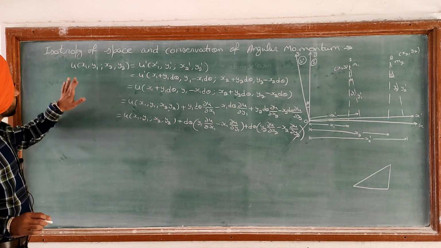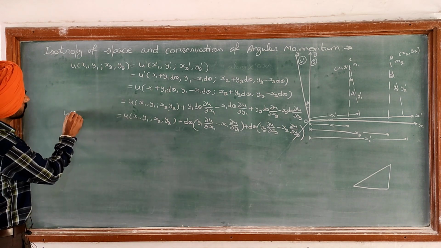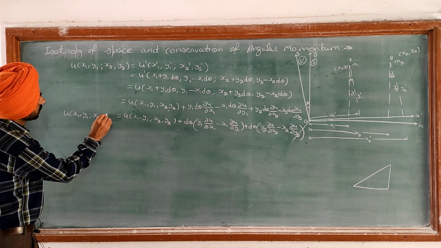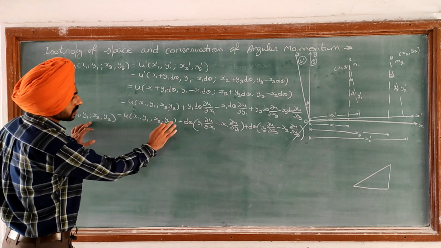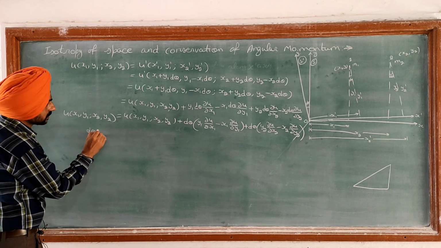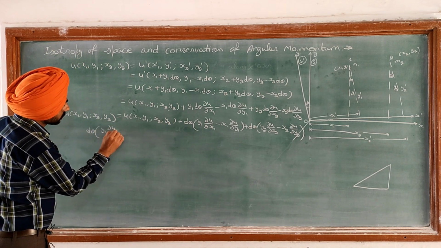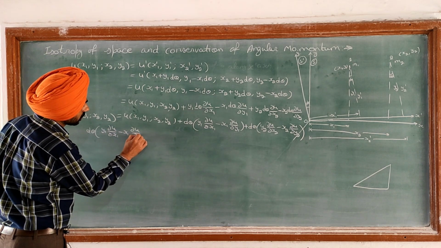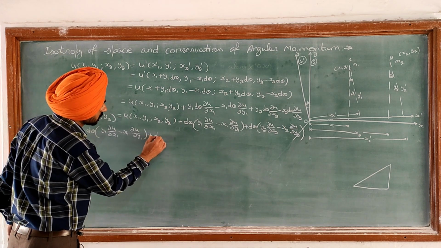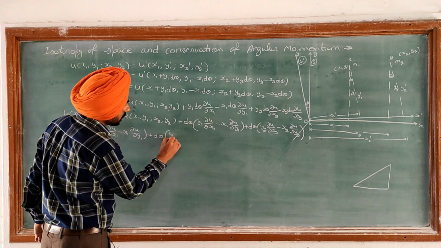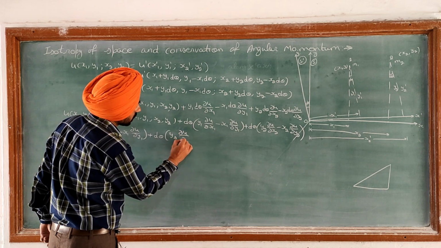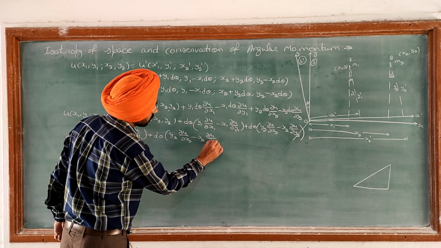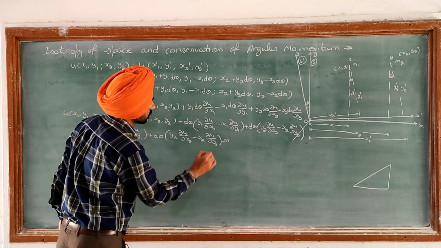Now the left hand side is U of x1 y1 x2 y2, so from this expression we can write d theta times y1 curl U upon curl x1 minus x1 curl U upon curl y1 plus d theta times y2 curl U upon curl x2 minus x2 curl U upon curl y2 is equal to 0.